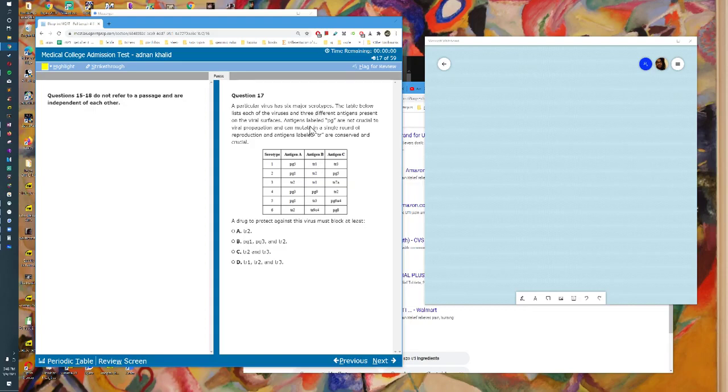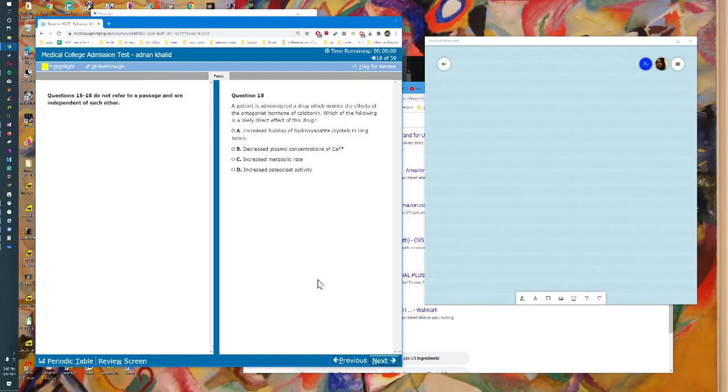Oh wait, what? Okay, so tier 3 is here, tier 2 is here. It's definitely going to be tier 2. I can't say that for anything else. Going with that.